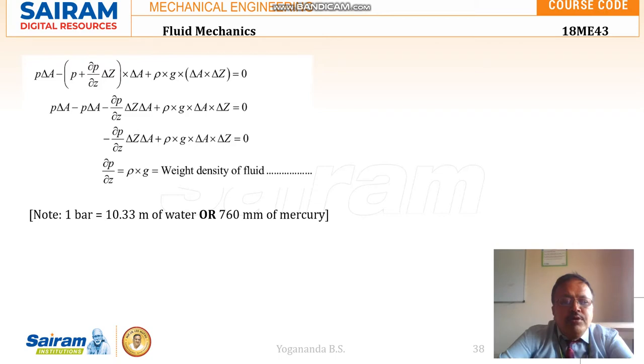Note here that 1 bar is equal to 10.33 meter of water, equivalent to 760 millimeter of mercury.